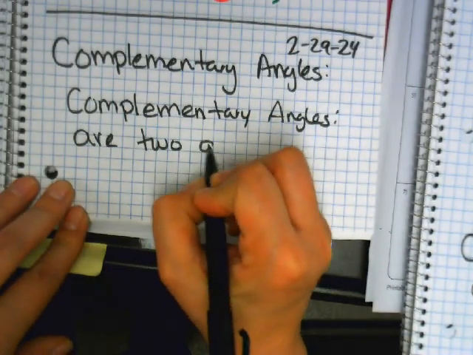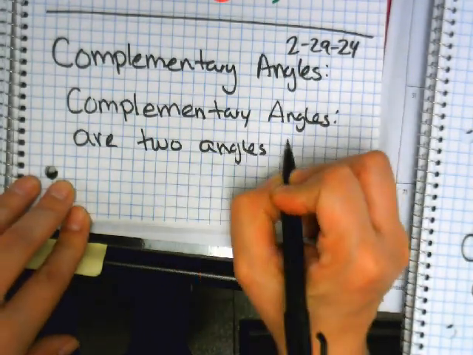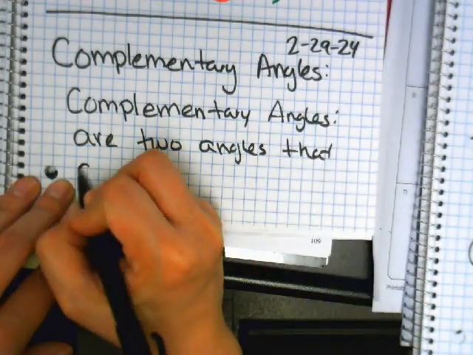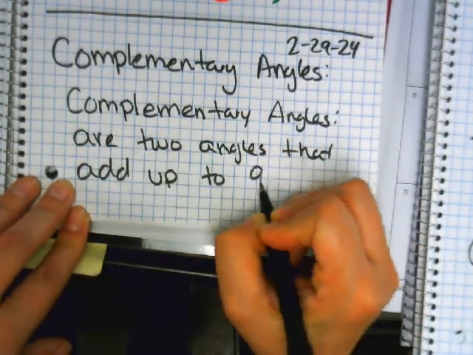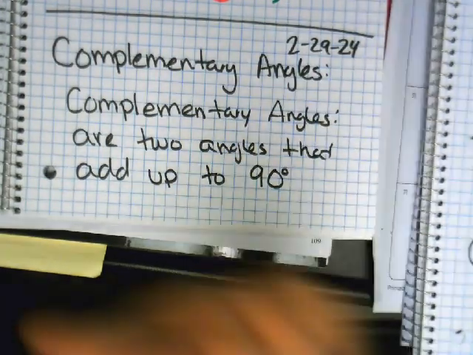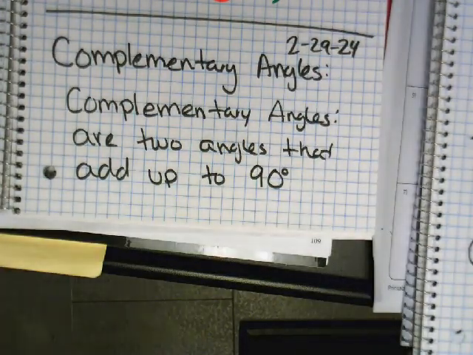Okay, complementary angles are two angles that add up to 90 degrees. So it's like 45 and 45? Yes, that would be an example.